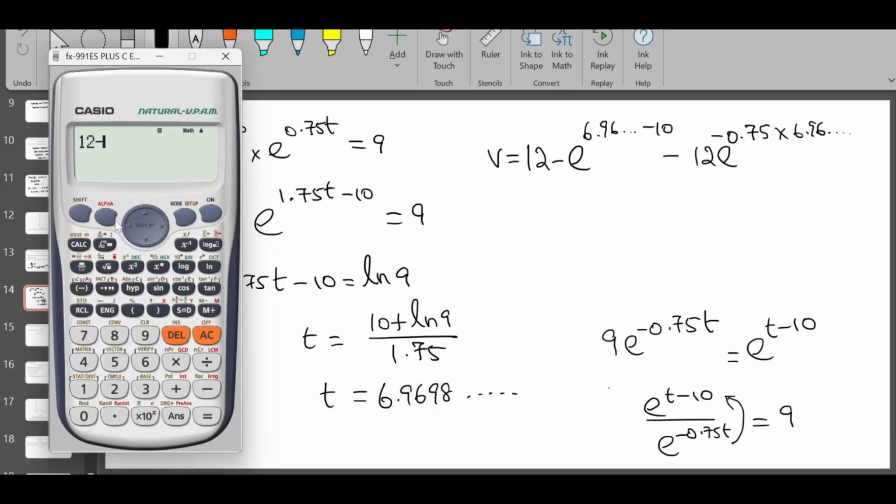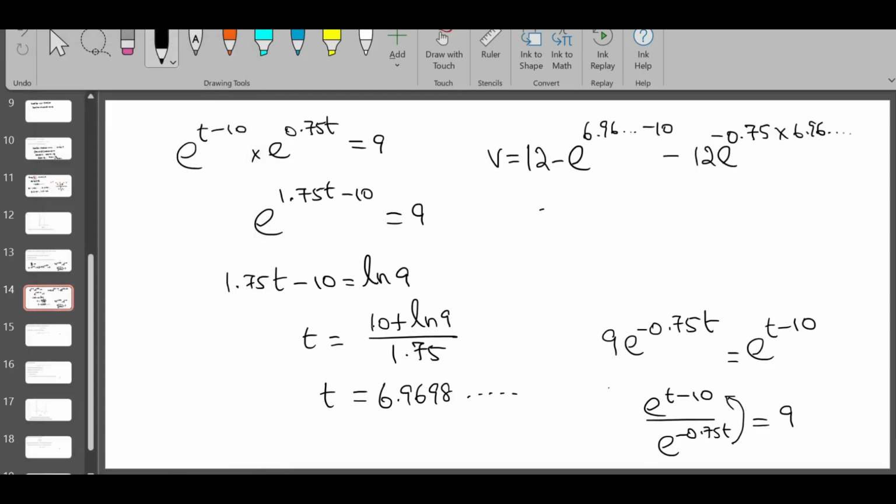Now 12 minus e to the power, I have stored the value a, so a minus 10, minus 12 e to the power minus 0.75 times the value. You get 11.887 dot dot dot. When you round it to 3 significant figures, 11.9 meter per second. That's the velocity.